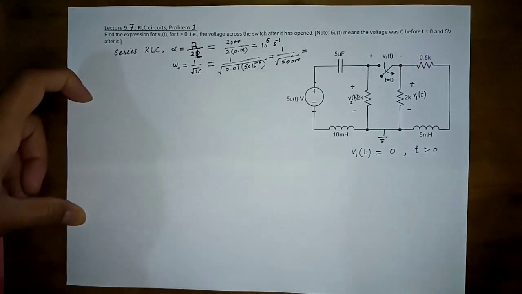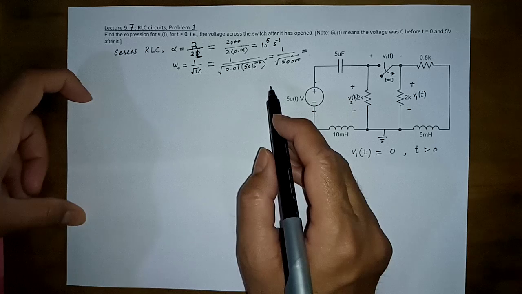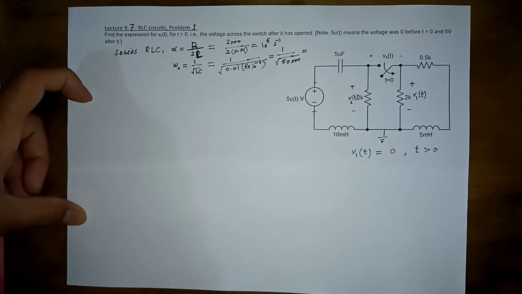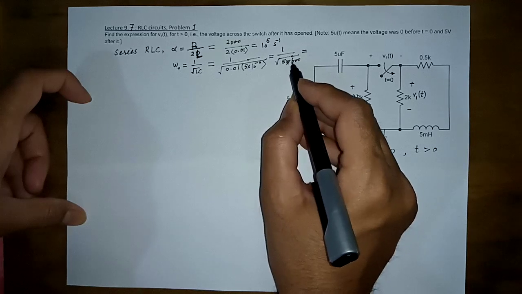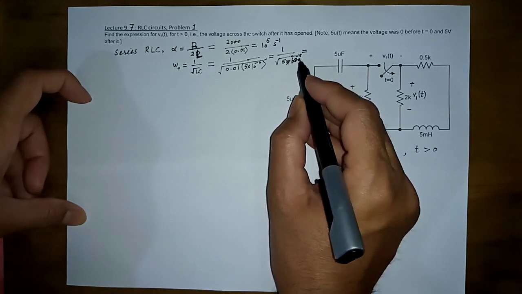It is 5 into 10 raised to the power minus 8. 5 into 10 raised to the power minus 8.